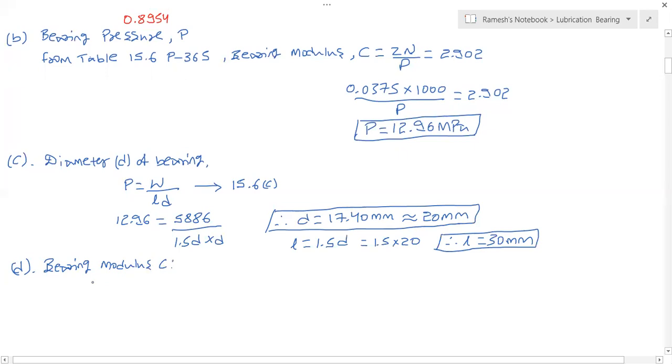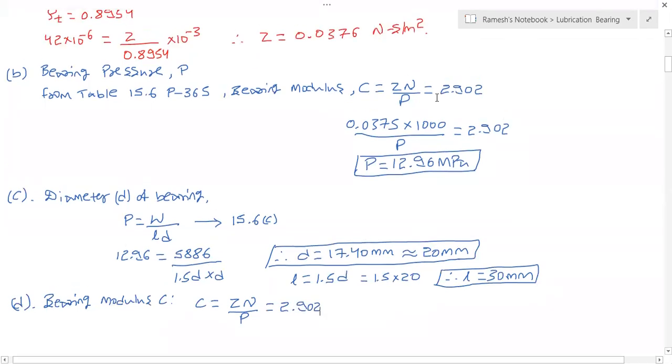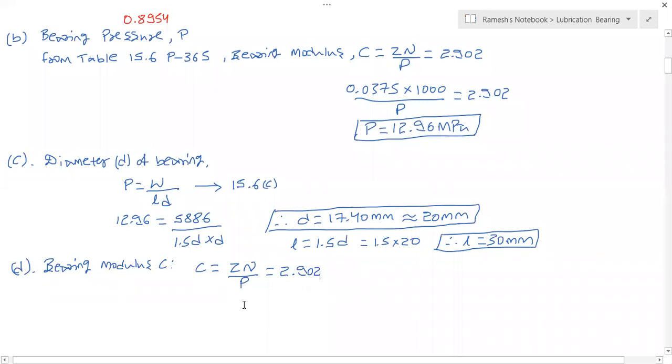Bearing modulus C. We know that C is equal to ZN by P, and this C we have already taken from table 15.6 and written that value.